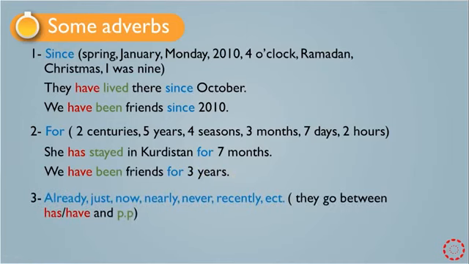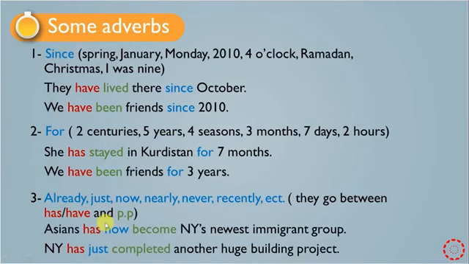We have other adverbs like already, just, now, nearly, never, and recently, and so on. They go between the verb to have, has, and past participle of the verb. Look at these examples. Asia has now become NY's newest immigrant group.